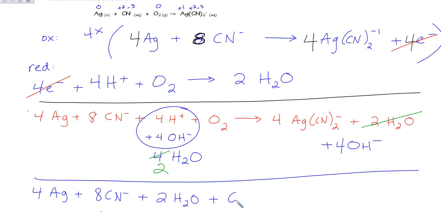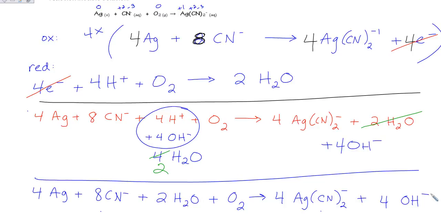I got to add the O2 oxygen gas. And on the product side, I have the 4 silver cyanide, Ag(CN)2 -1. And 4 hydroxides. Don't forget to include those 4 hydroxide ions. If you don't, this thing's not going to balance.